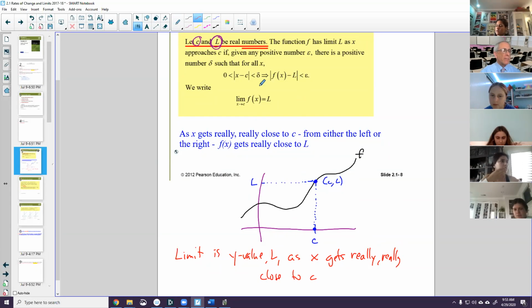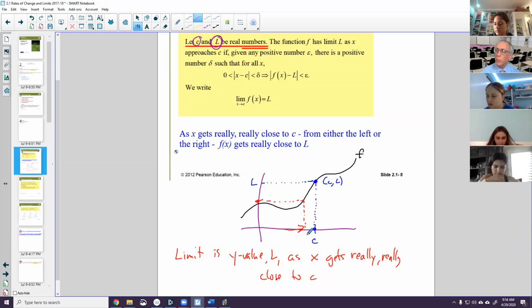So let's visualize what's going on here. I am on the x-axis and I am moving in this direction. So when I'm right here and I go to my function, you can see that this would be the y value for that x.